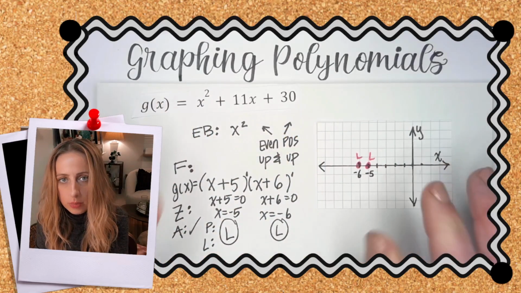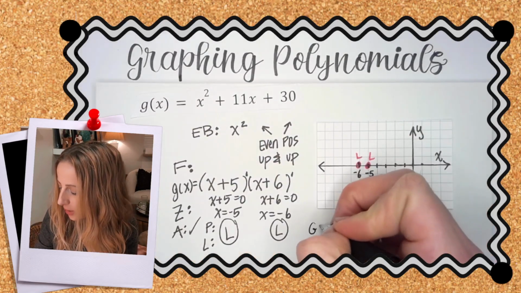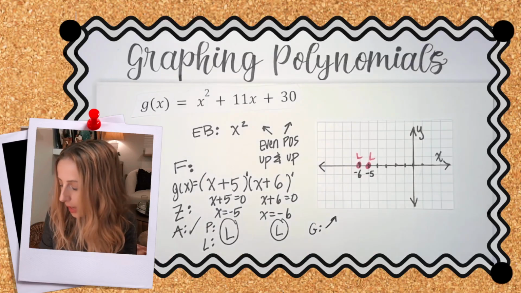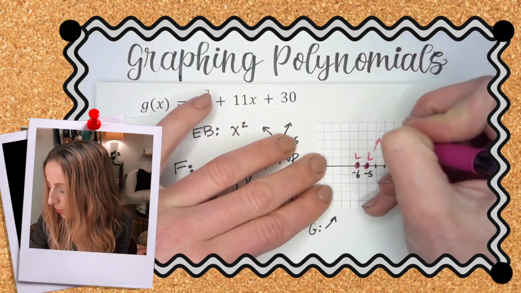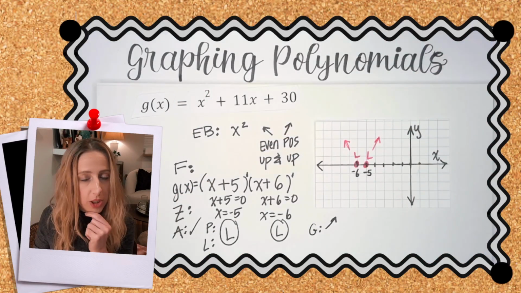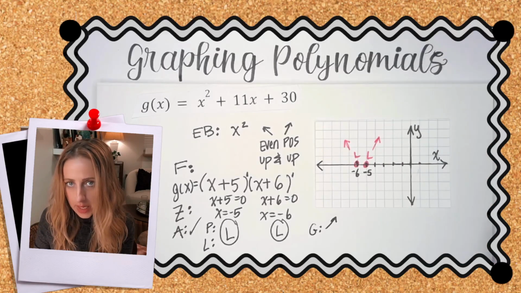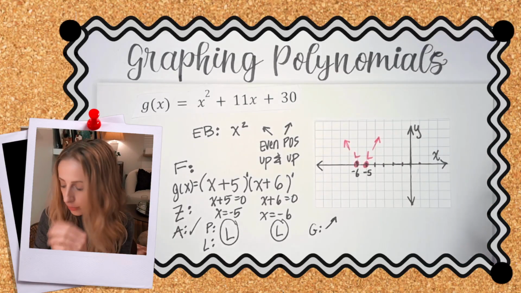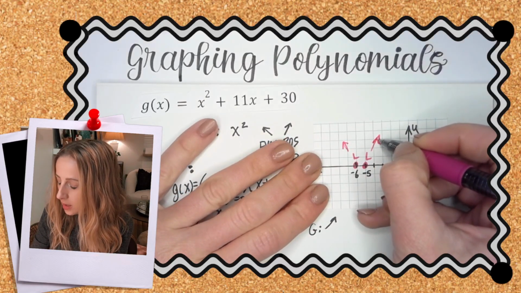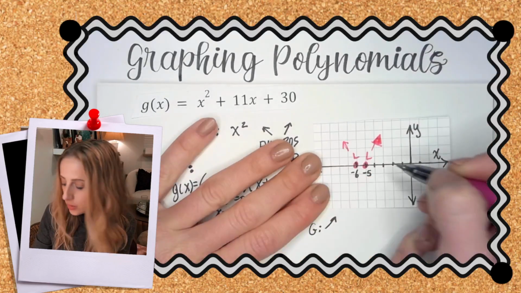And before I get into the last step, which is G, which is to graph, I'm also going to stick in my end behavior arrows, which we said were up and up. What's our insurance policy? In order to ensure fewer mistakes, more likely an accurate graph and a correct answer, you start graphing by using the right side of the end behavior and we work our way backwards to the left.